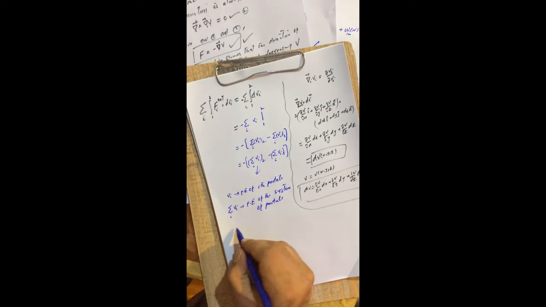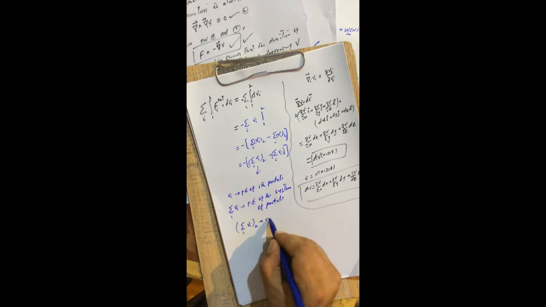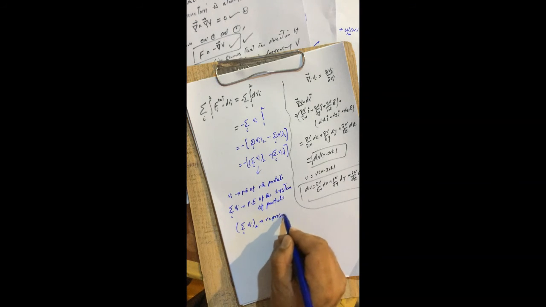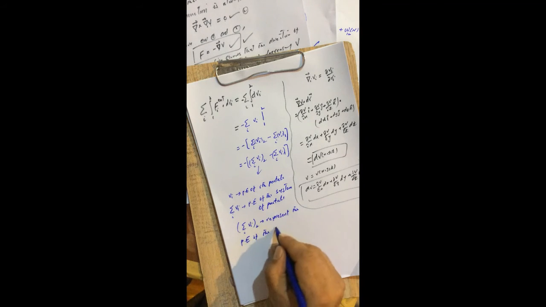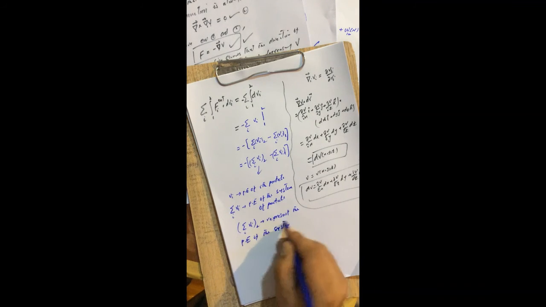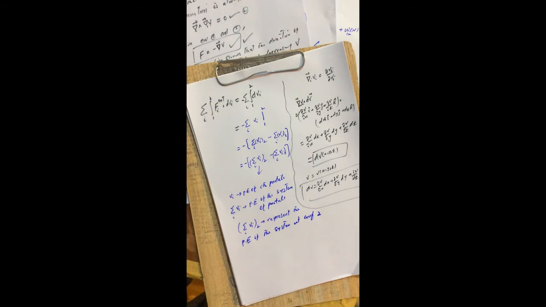This term, sum over i V_i at 2, represents the potential energy of the system at configuration 2.